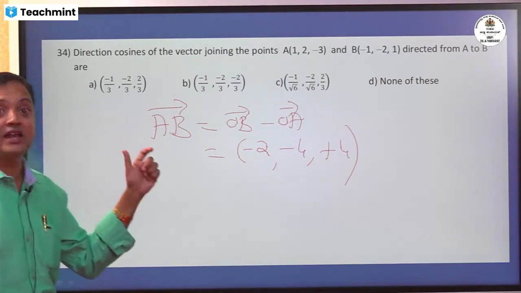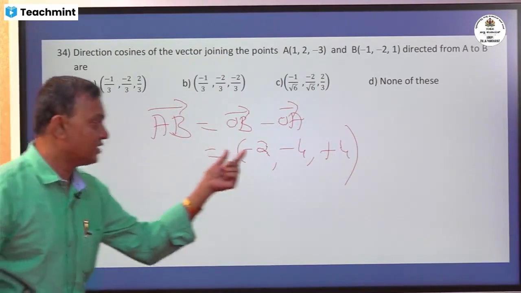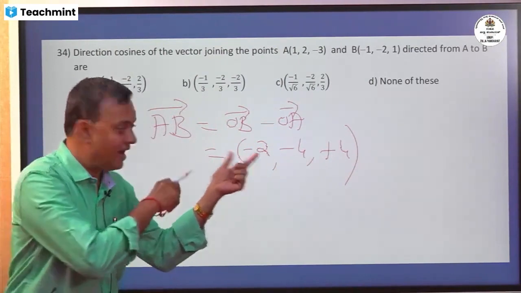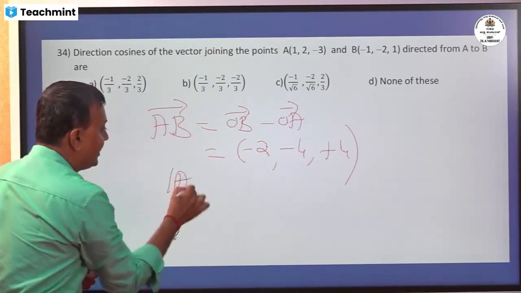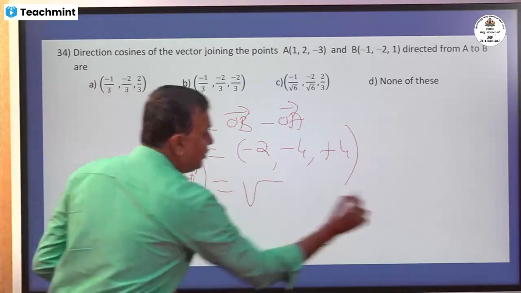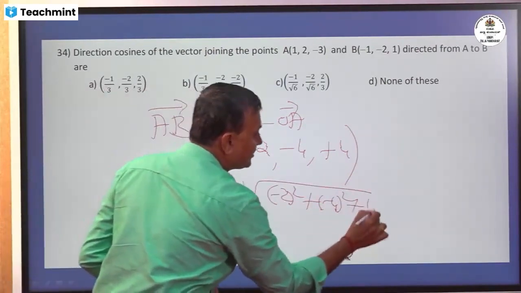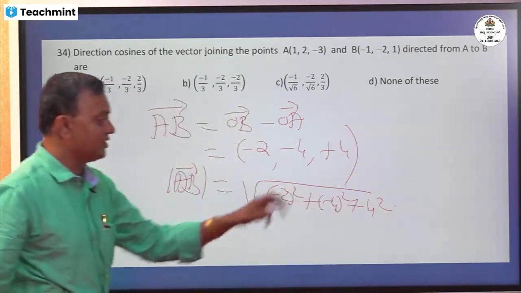What are the direction cosines? Direction cosines are the first scalar, minus 2, by the magnitude of this. What is the magnitude of vector AB? The magnitude is root of minus 2 square plus minus 4 square plus 4 square, 4 plus 16 plus 16, correct?